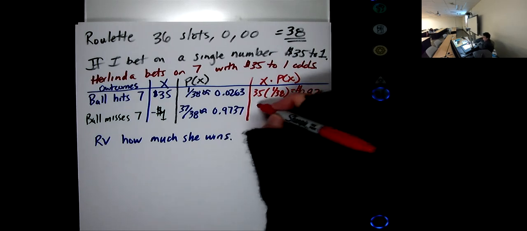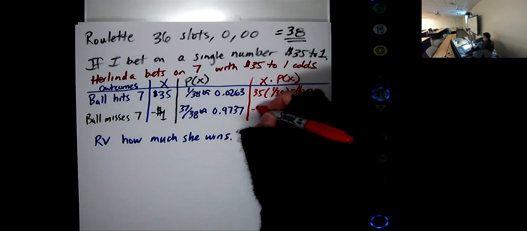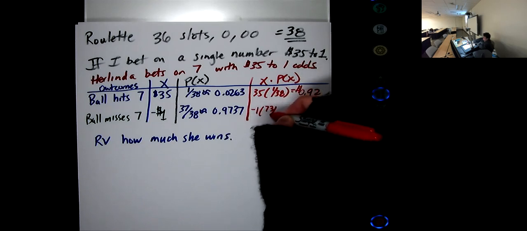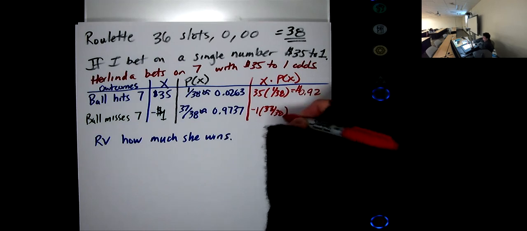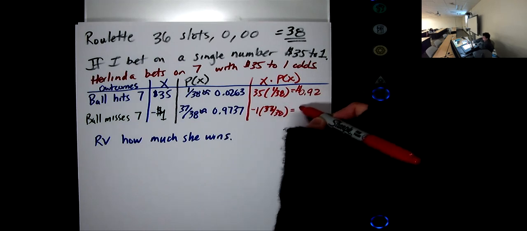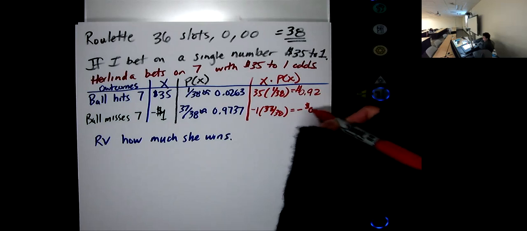If I do the one for the ball missing, I've got -1 times 37/38, and that's -97 cents.